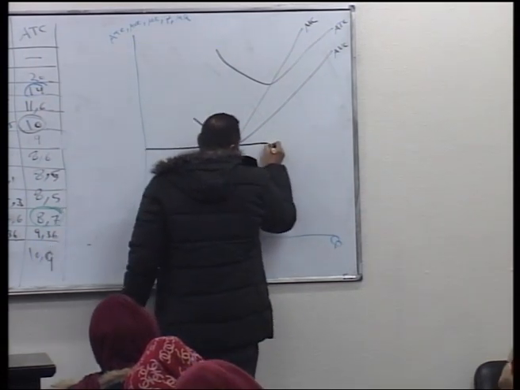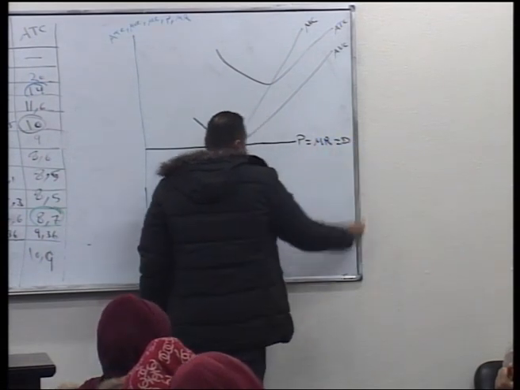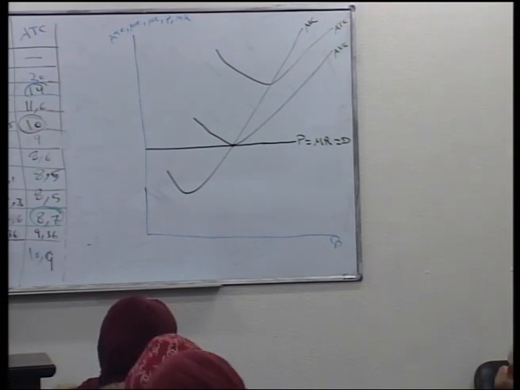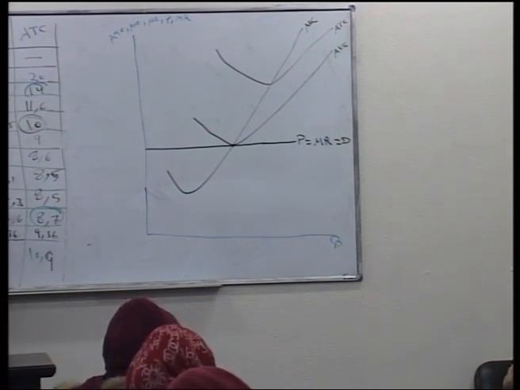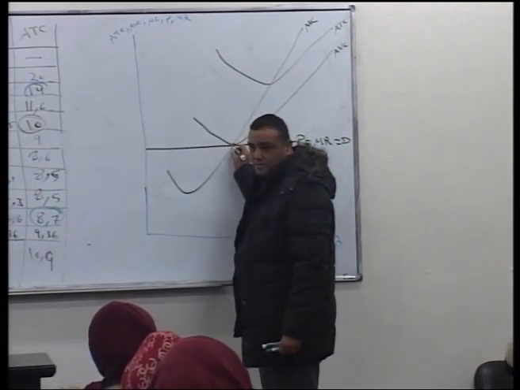This is the price here, equals MR equals D. Where's the equilibrium point? MR equals MC. This is the equilibrium point.